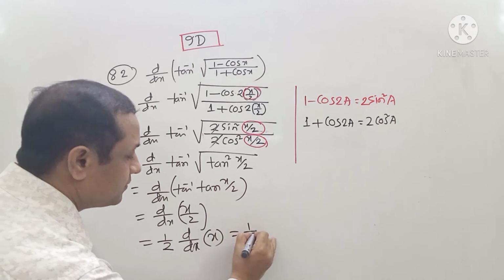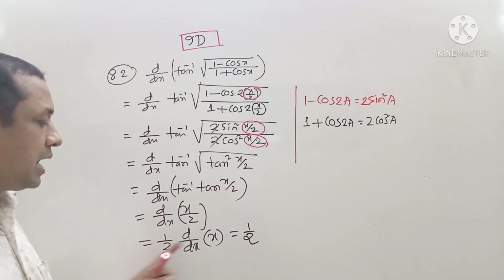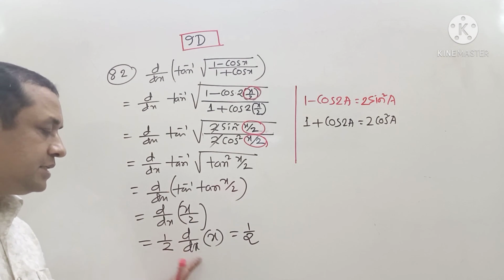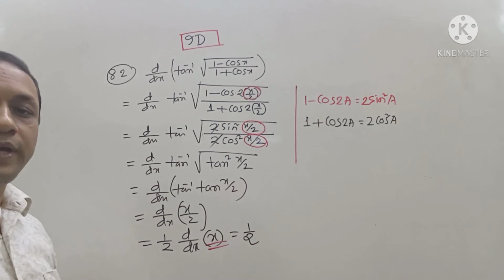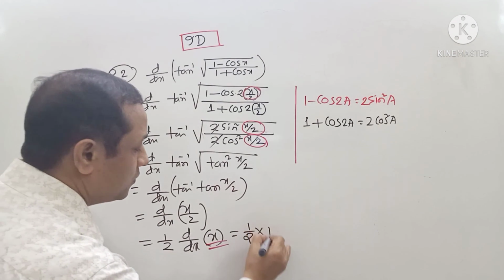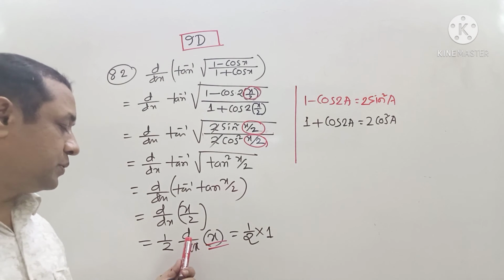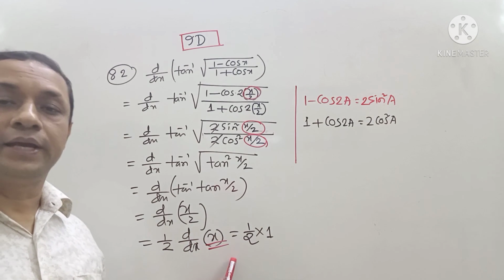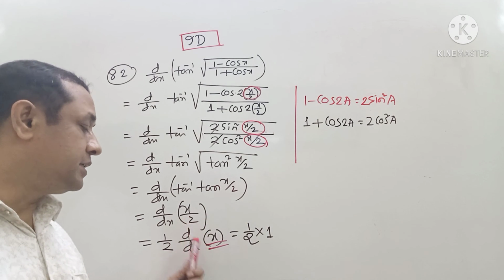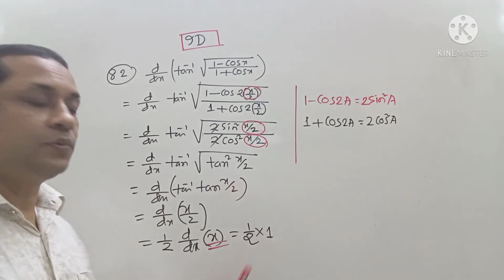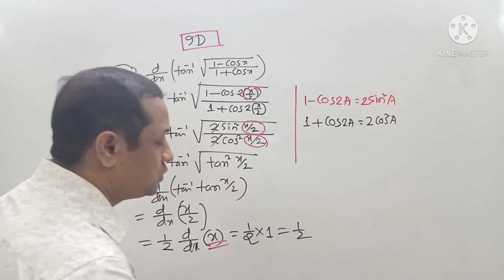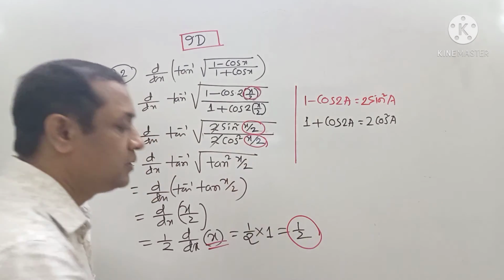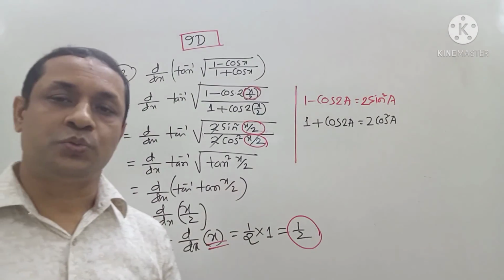We know that d/dx of x equals 1. So the result will be 1/2.